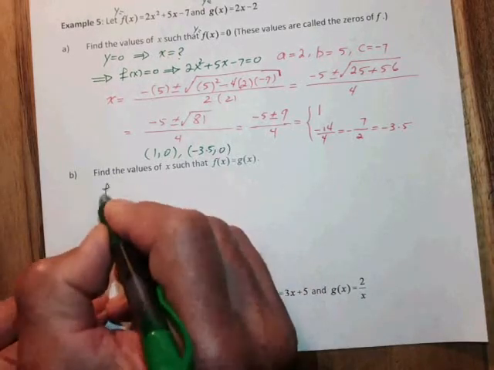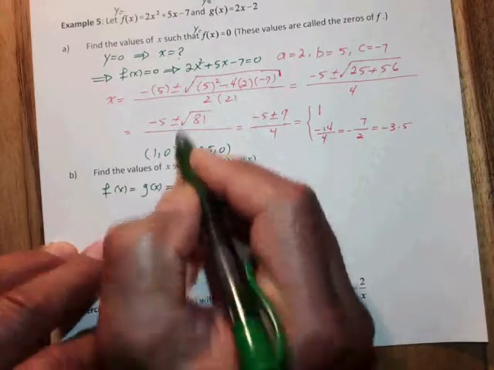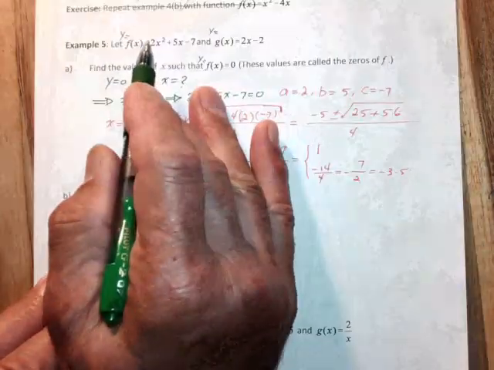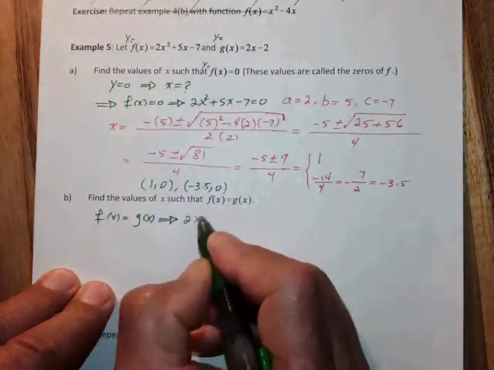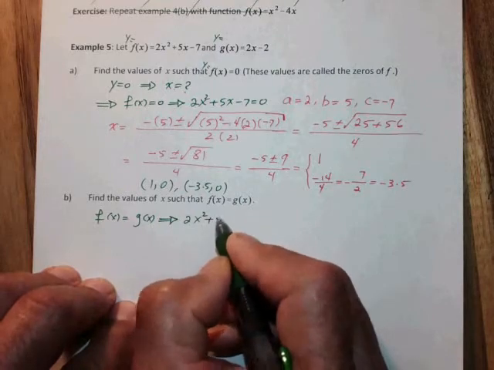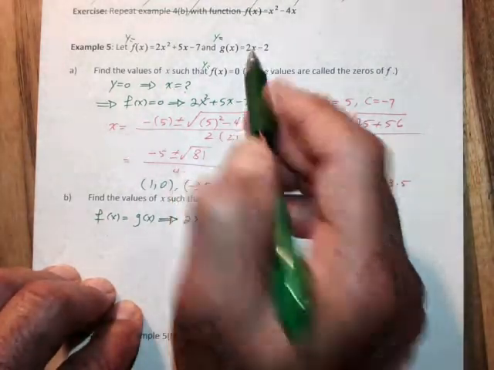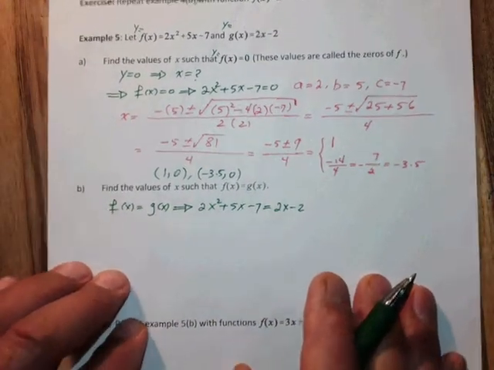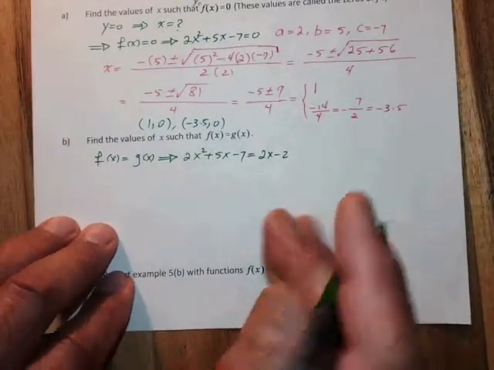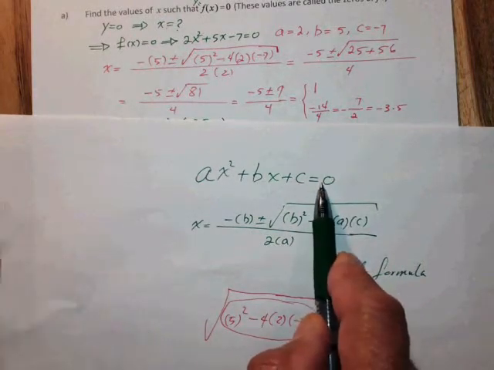So f of x equal to g of x. f of x is 2x squared plus 5x minus 7, equal to g of x, and g of x is 2x minus 2. And as I discussed here, for a quadratic equation, one side has to be 0.